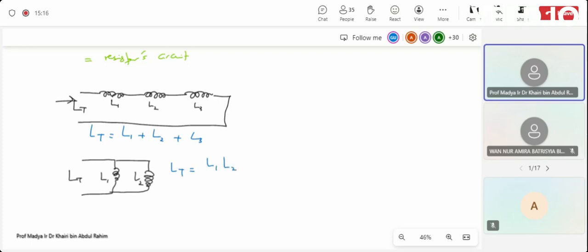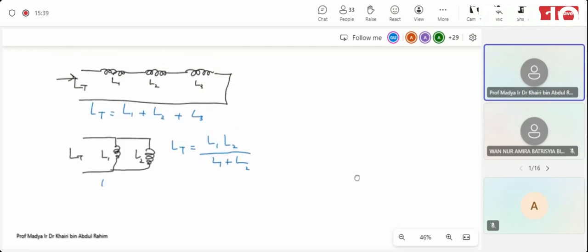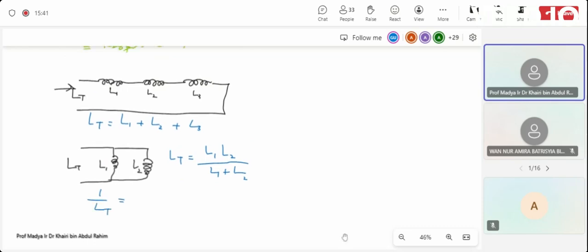Because it's two parallel resistor, right? So L1 times L2 over L1 plus L2, or rather, the more classical way is something like this, right?